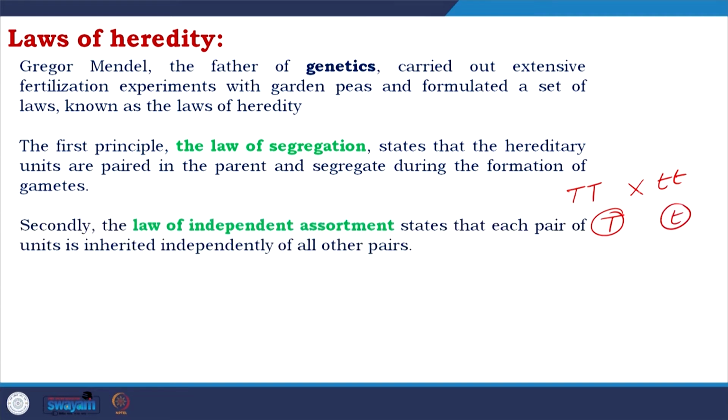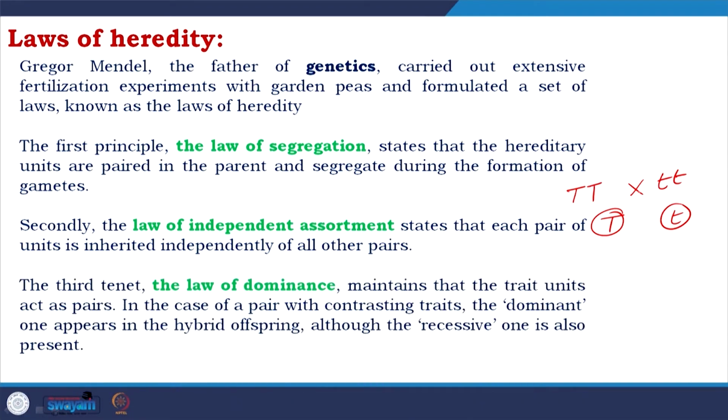The law of independent assortment states that each pair of units is inherited independently of all other pairs. There is no relation in that way, it is independent. And the third one, the most important, the law of dominance, maintains that the trait units act as pairs.